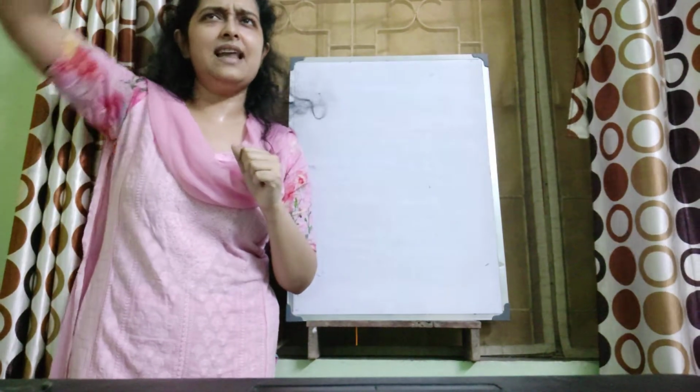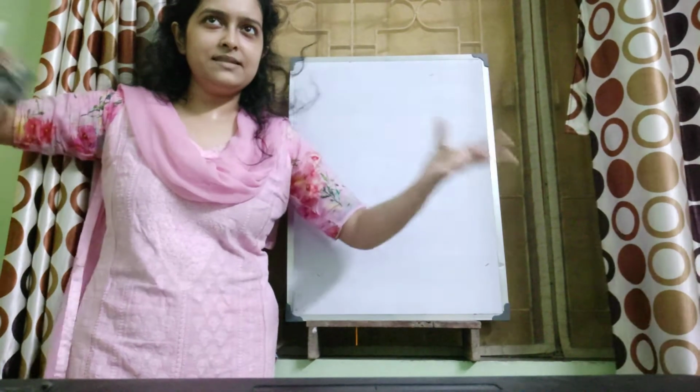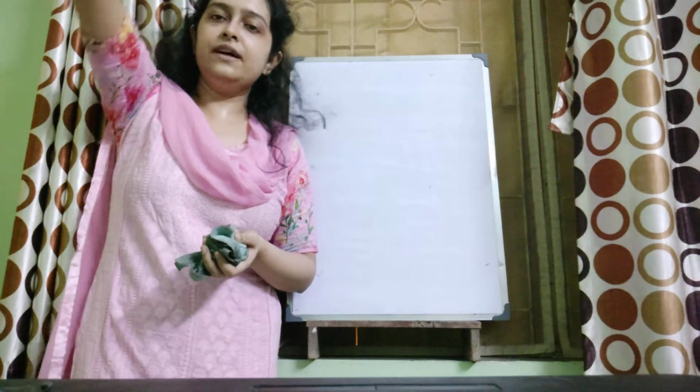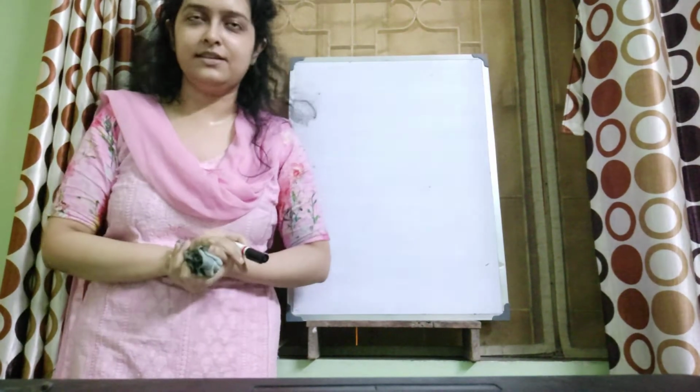Maybe sometimes it's not possible for the teacher to always look at whatever is happening till the last bench. So you all prefer to sit in the last bench, right?